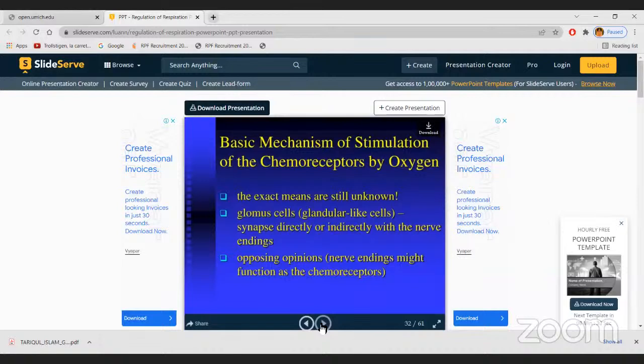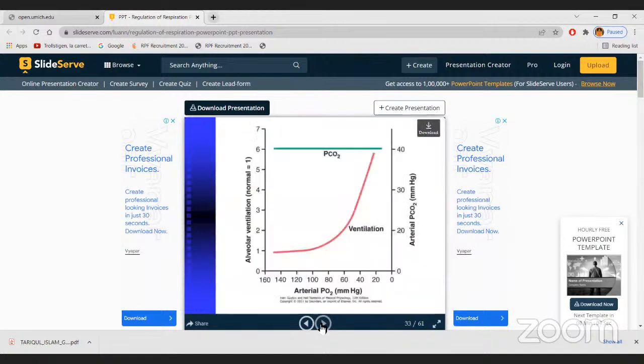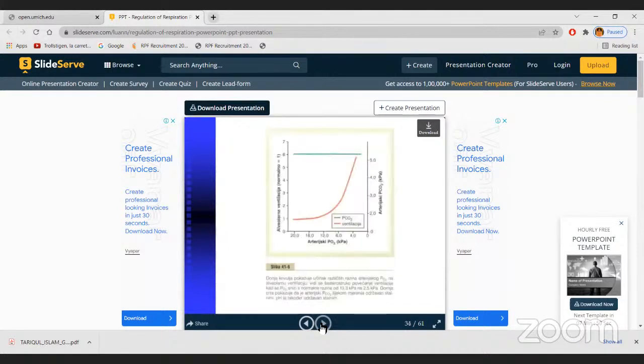Glomus cells, glandular-like cells, synapse directly or indirectly with the nerve endings, and might function as the chemoreceptors. So this is the arterial pressure of oxygen.